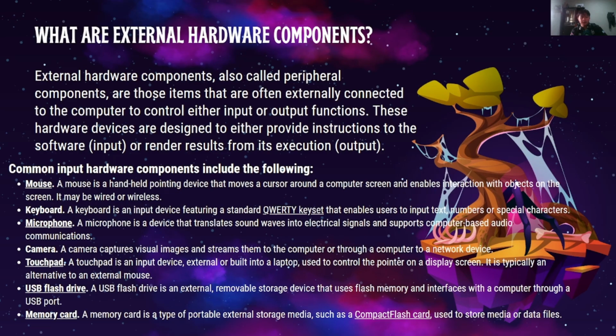A keyboard is an input device featuring a standard QWERTY keyset that enables users to input text, numbers, or special characters. A microphone is a device that translates sound waves into electrical signals and supports computer-based audio communication. A camera captures visual images and streams them to the computer or the computer network device.